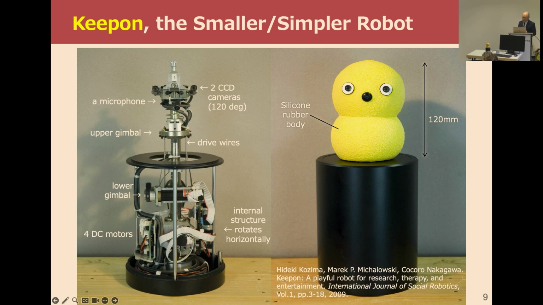Okay, but still it has 4 DC motors. It's a Maxon motor, a Swiss-made motor, which is really expensive, and 2 cameras and a microphone. Microphone at the nose. Okay? So it's capable of a variety of human-robot interactions.